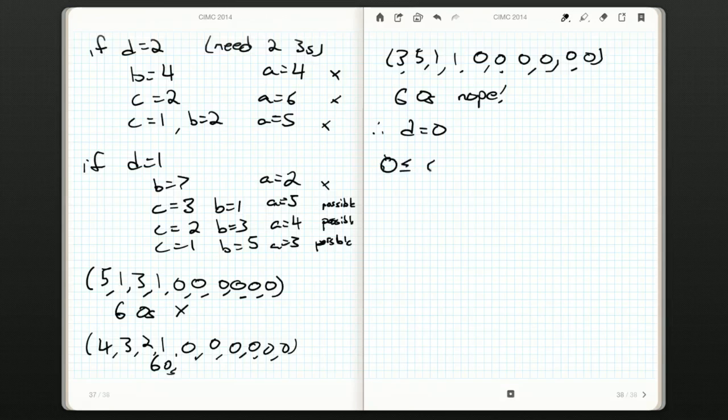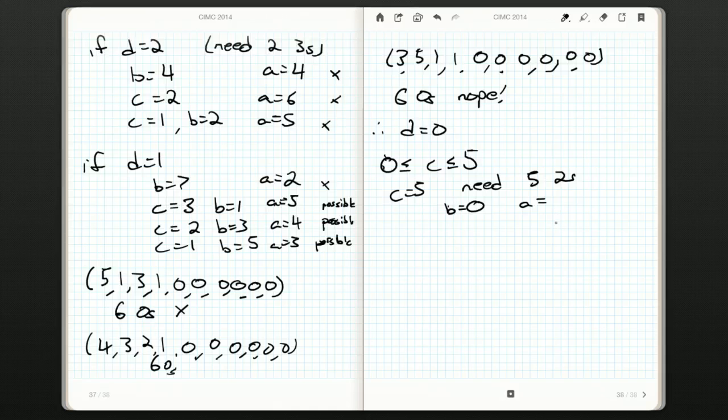Alright, we can have C between 0 and 5. So we'd have to have B equal to 0 and A equal to... I'm just thinking this one can't possibly work out because we need at least one 5 in there.